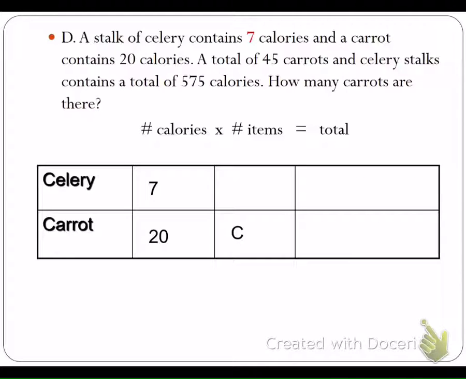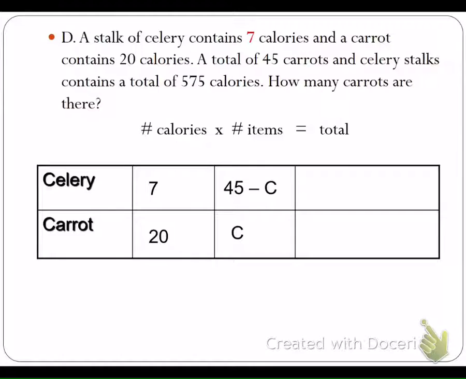Somebody said it. 45. What are you saying? 45 minus C. I thought you just said 45. I was like, no, 45 is the total. 45 minus C. Again, if total they have to add to 45. We don't know how many there are of each.